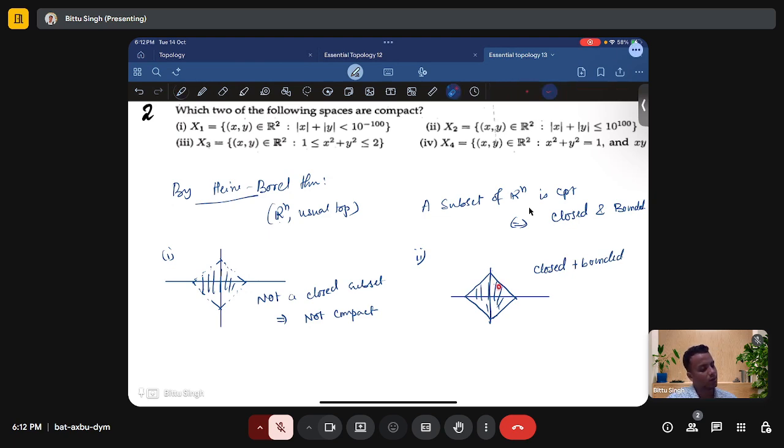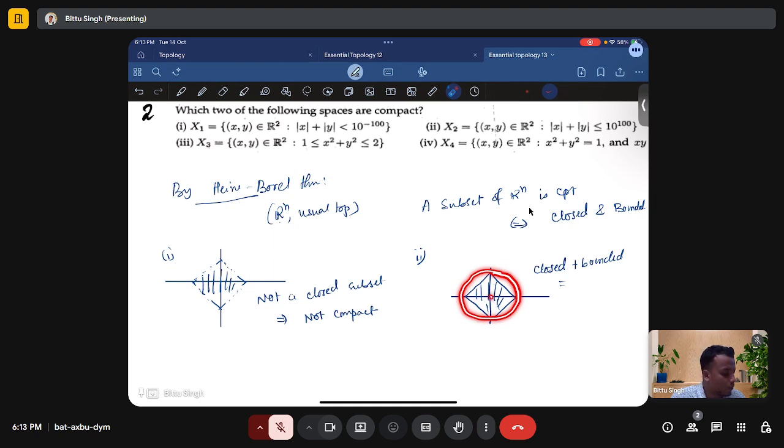Take any point from its complement. Then there exists a neighborhood which entirely lies in the complement, right? Therefore it is actually closed, and boundedness is already there because this is contained in some finite radius open ball.